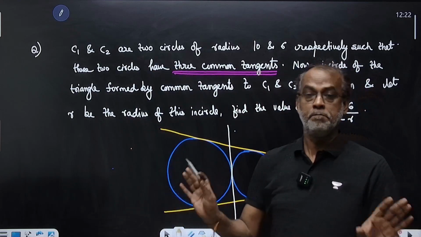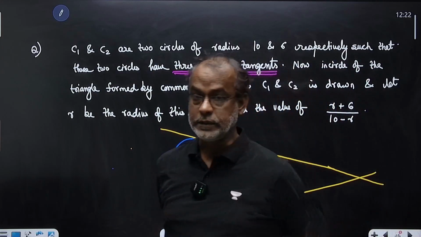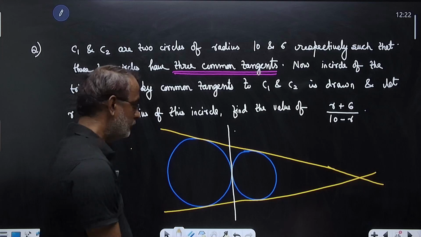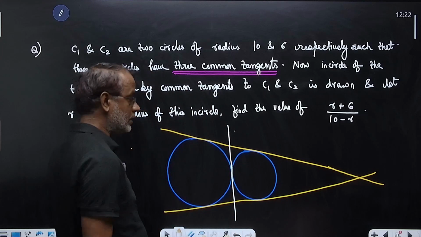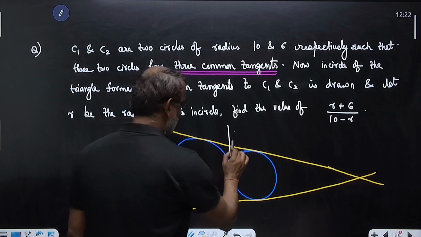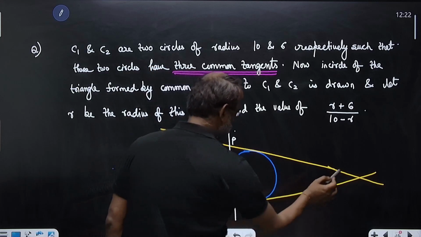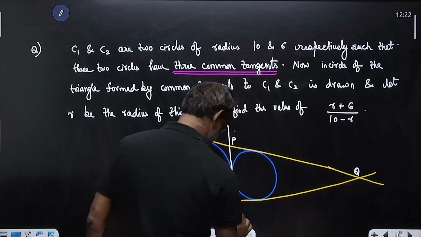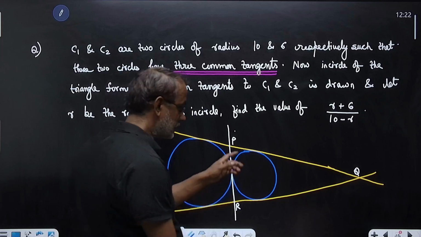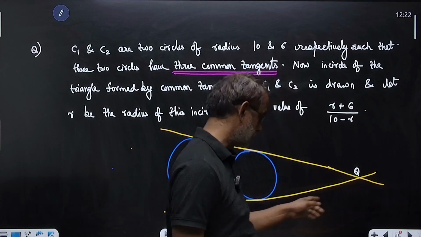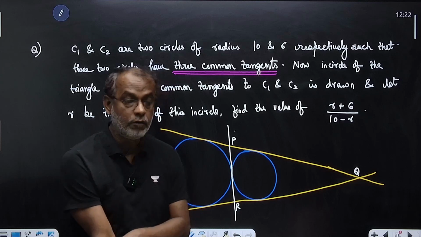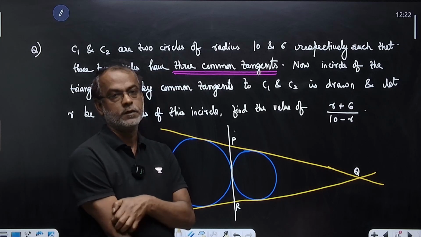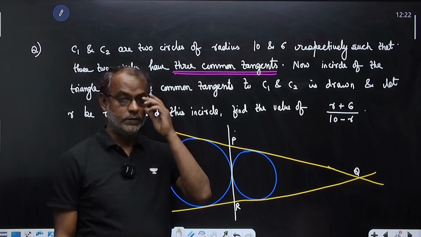Now, just look at this diagram. I think this completes the solution, isn't it? The smaller of these two circles plays the role of the incircle of this triangle.